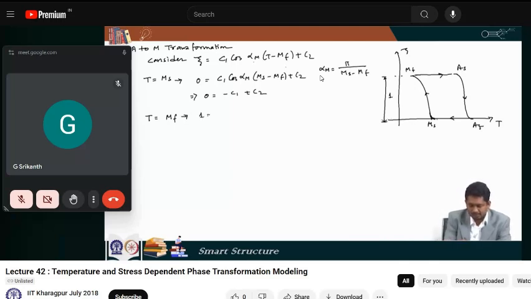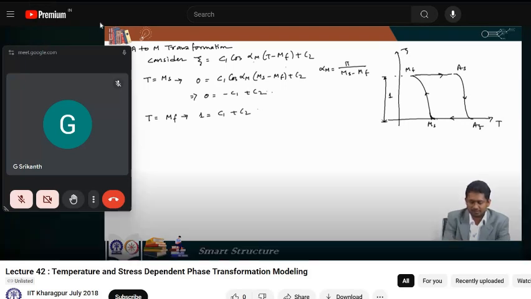So we have 1 is equal to C1, and then we put T is equal to MF. When we put T is equal to MF, this quantity becomes 0. So it is cosine 0, which is 1. So it is C1 plus C2. Now we can solve these two equations and find out C1 and C2.